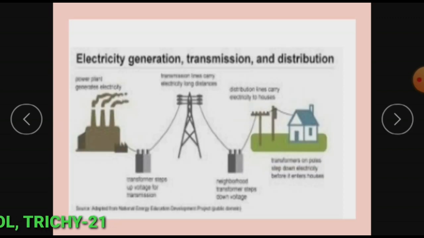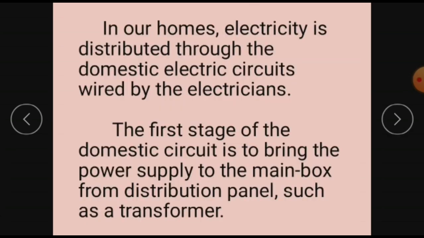Domestic electric circuits. The electricity produced in power stations is distributed to all the domestic and industrial consumers through overhead and underground cables. This diagram shows the electricity generation, transmission and distribution.